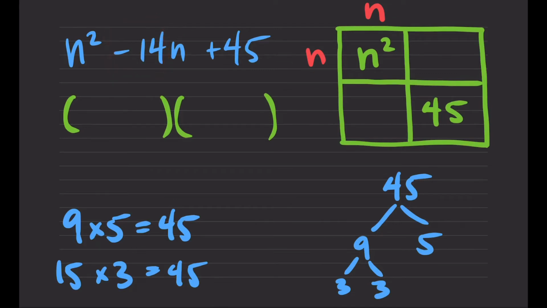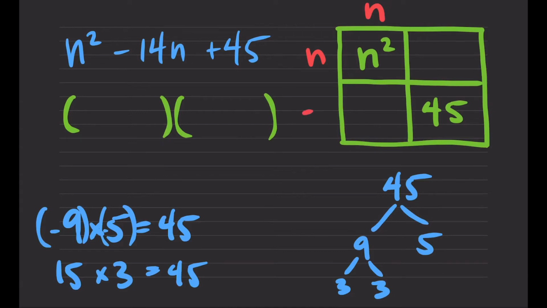So if I were to add 9 and 5 together, I would get positive 14. So maybe we have to tweak it a little bit by making both of these negative. If I made both of them negative, well, I would have negative 9 times negative 5, and that would still be positive 45. In addition to that, negative 9 plus negative 5 is negative 14.